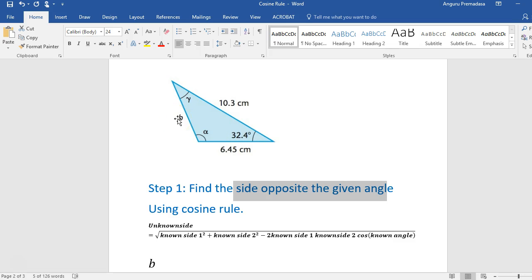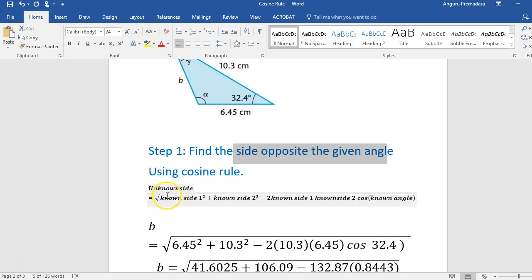The side opposite is b, the unknown side, which is equal to the square root of known side 1 squared, 6.45 squared, plus known side 2 squared, 10.3 squared, minus twice known side 1, 6.45, times known side 2, 10.3.